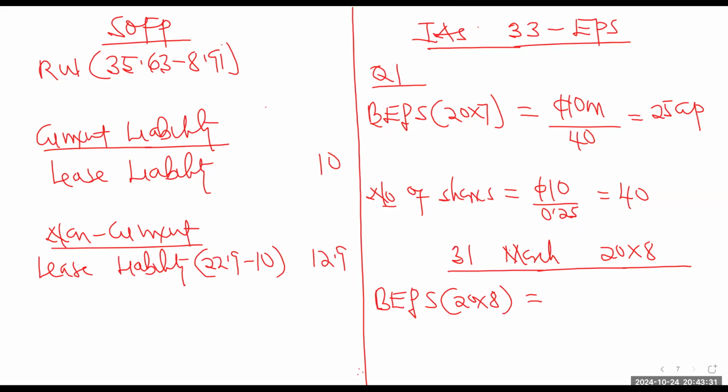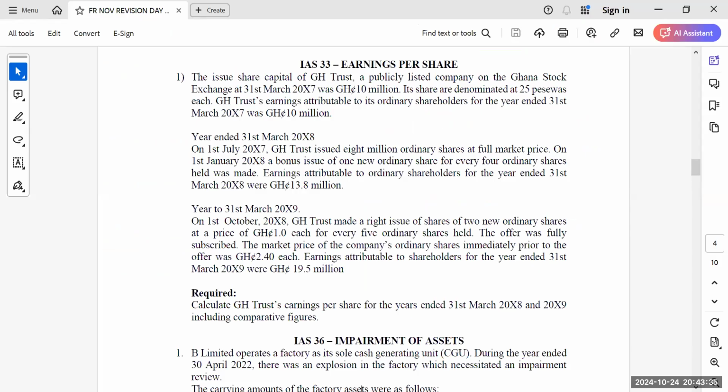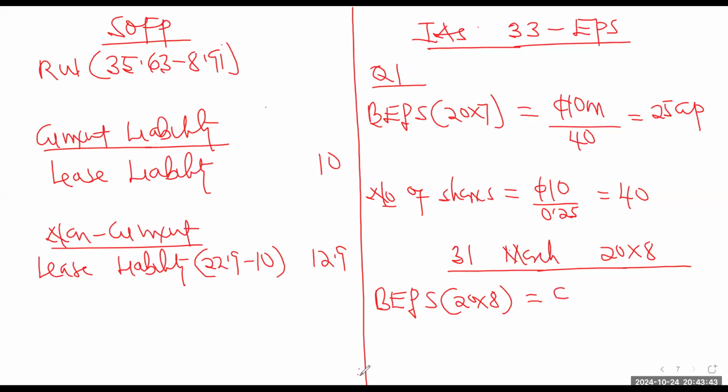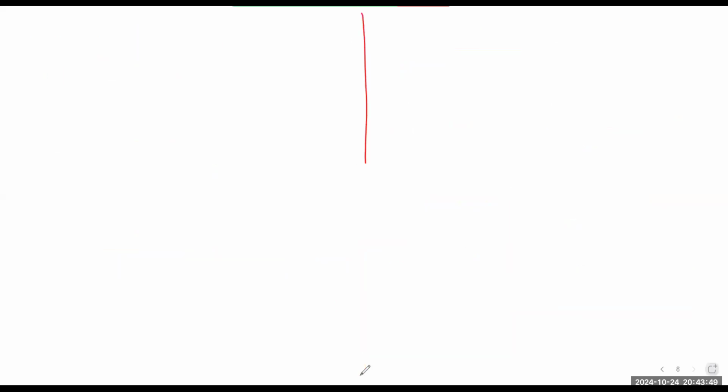What is the earnings for that particular period? 13.8 million. But we have to calculate the weighted average number of shares, isn't it? Yes, sir. So let's go and calculate our weighted average number of shares for this one and bring it.